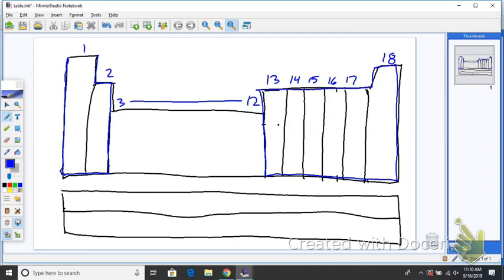So, groups 1 and 2, and 13 through 18, these are called the representative elements. Okay, because representative elements are the ones we do a lot more work with than all the other elements.